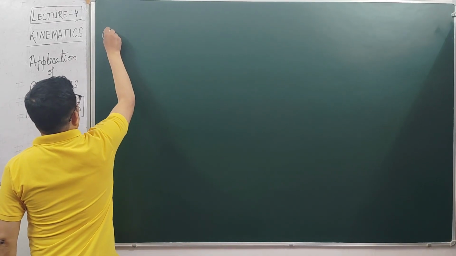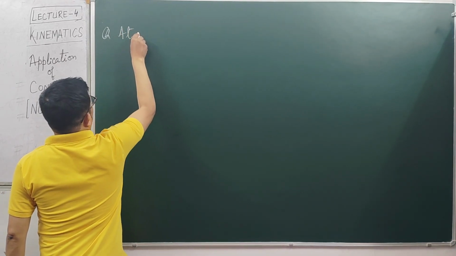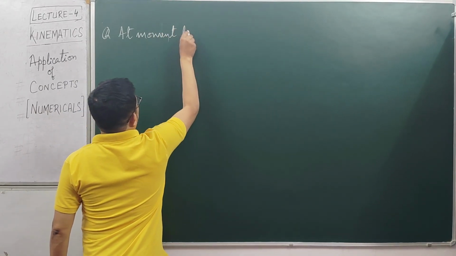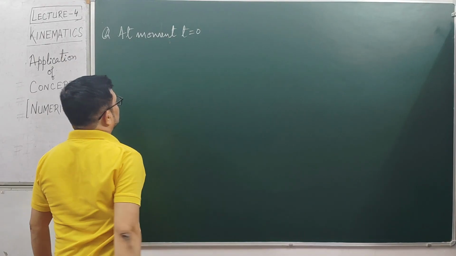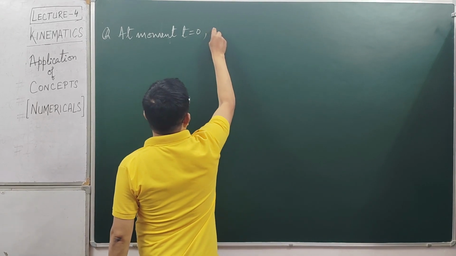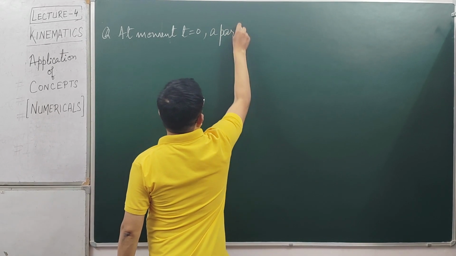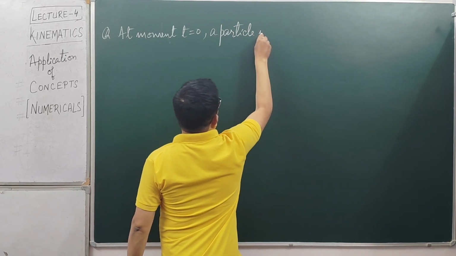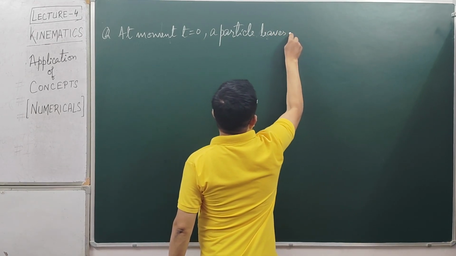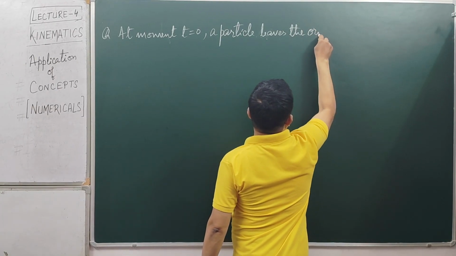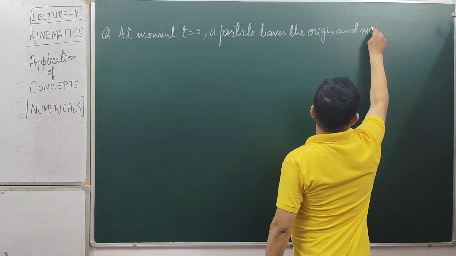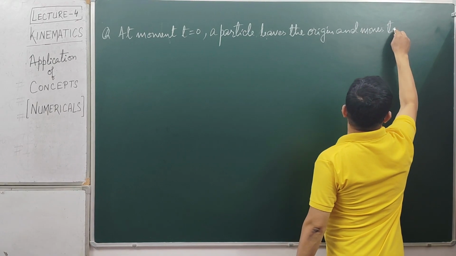Suppose at moment t is equal to 0, which means that we are starting the stopwatch now, a particle leaves the origin and moves towards the x-axis.